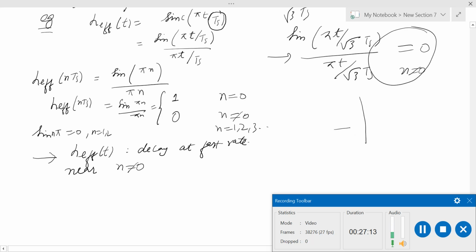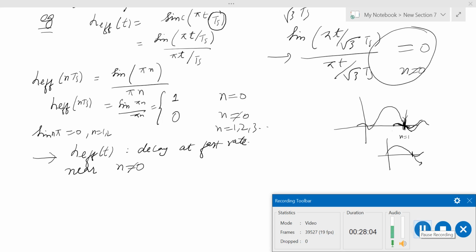What it means is, suppose n is equal to 1, you are ensuring that if we have some other signal here, the impulse response of the other signal is 0 at this point, but the decay rate of these pulses should be fast. It should not be slow. That is one important thing.